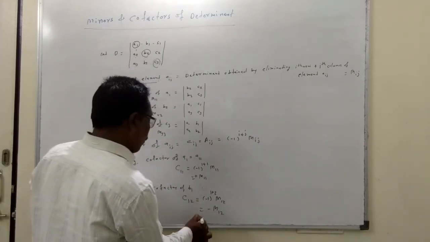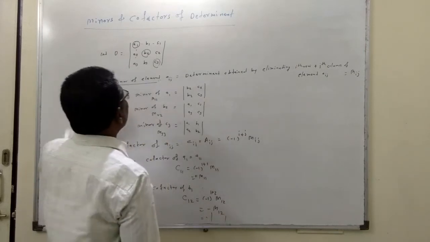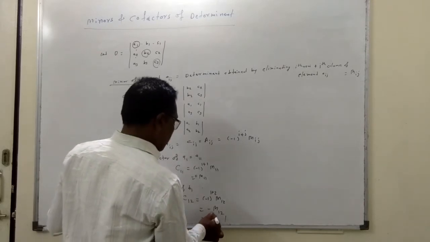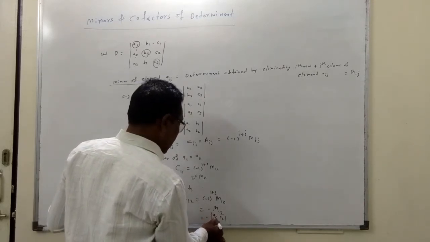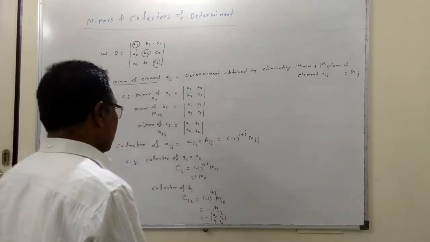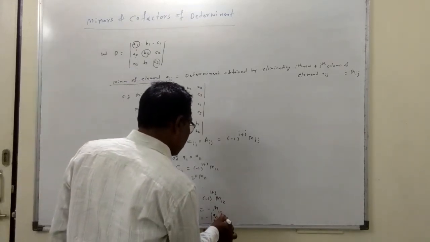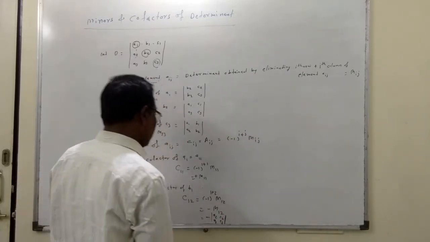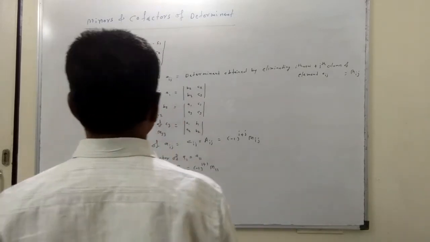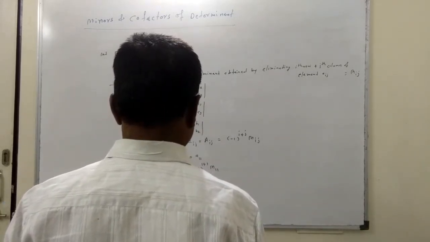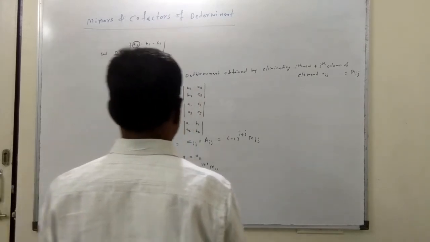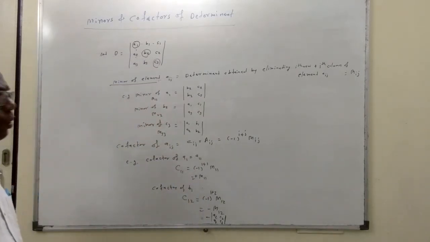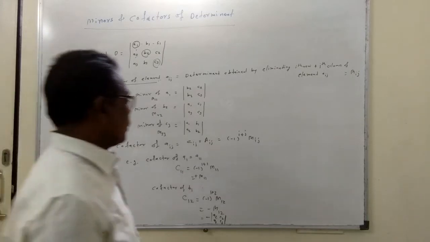Now M12 is equal to the determinant obtained by eliminating the first row and second column: A2 C2, A3 C3. So this is the method to find minors and cofactors of the determinant.